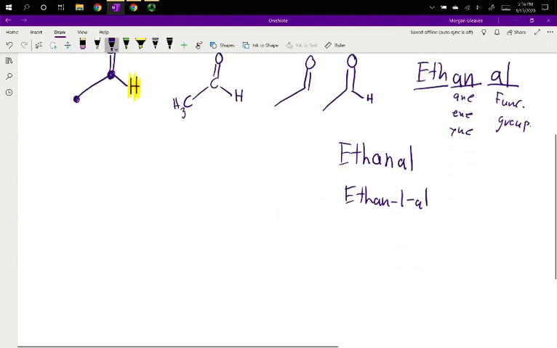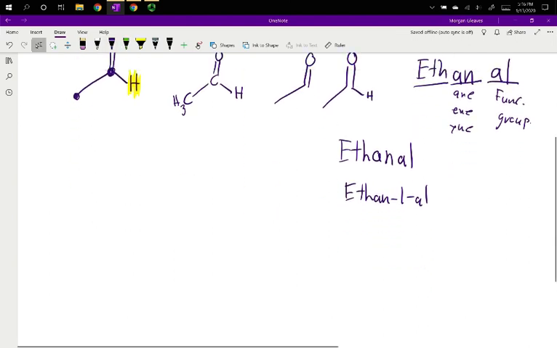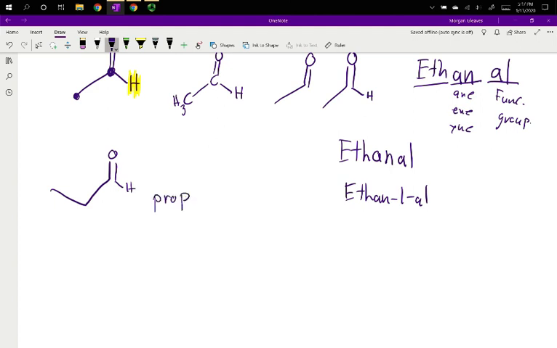And so any carbon chain that we have, I can have an aldehyde on the end. I can say, hey, here's 3 long with an aldehyde. That is a prop. 3 carbons. 1, 2, 3. And they're all single bonded. Propan 1 al. Or propanal.